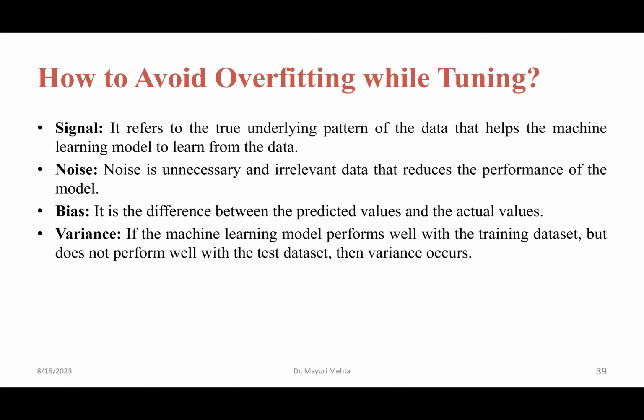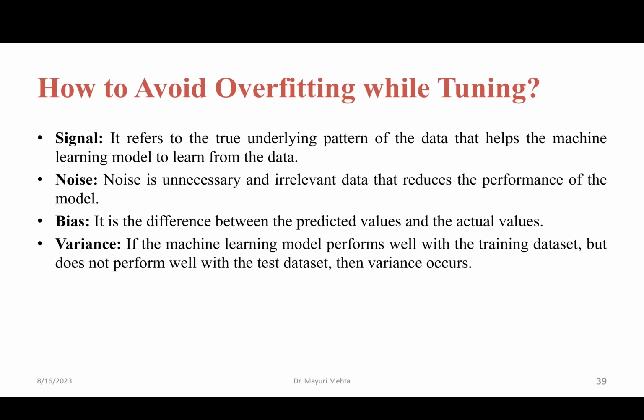When the error rate has a high value, we call it high bias, and when the error rate has a low value, we call it low bias. I hope this is very clear: low error rate, low bias; high error rate, high bias. So this is called bias.